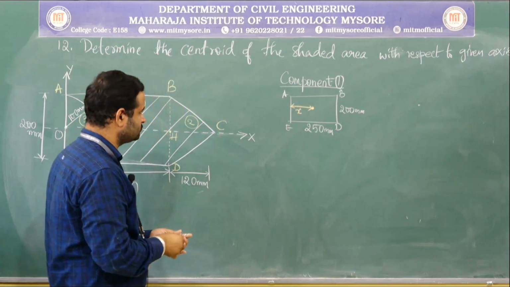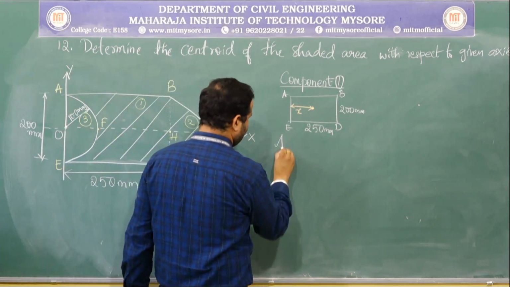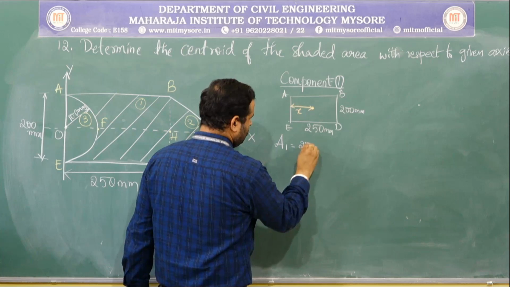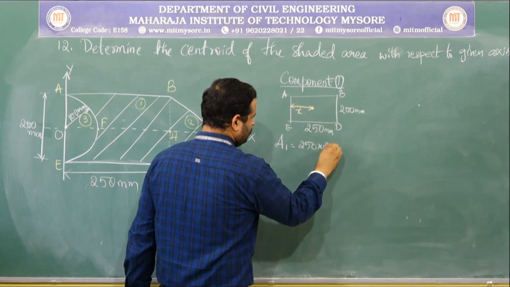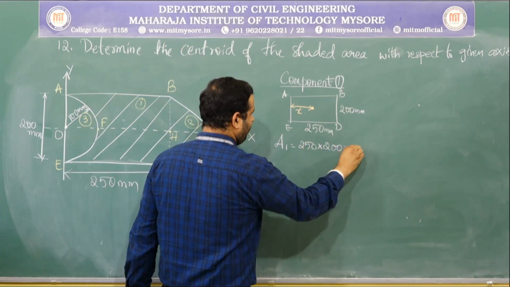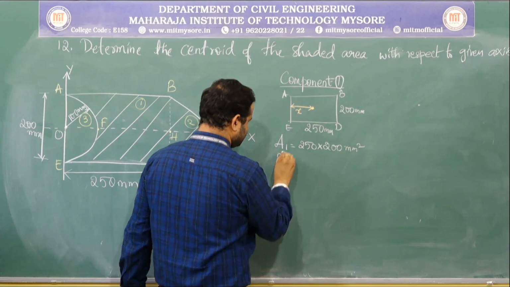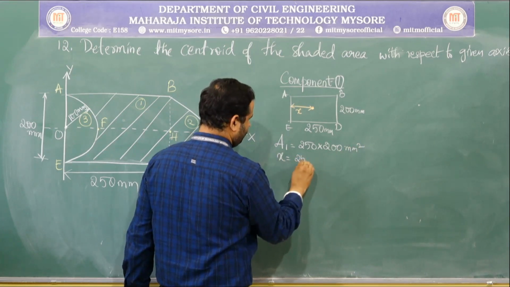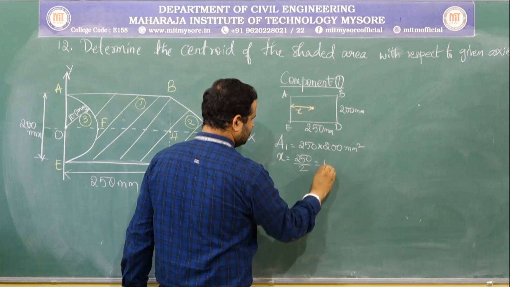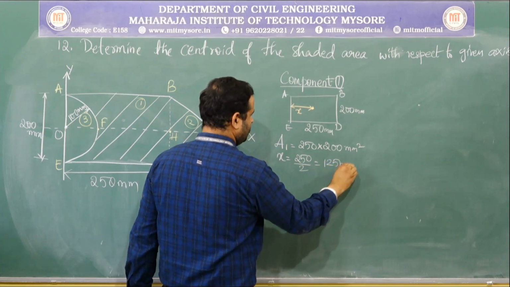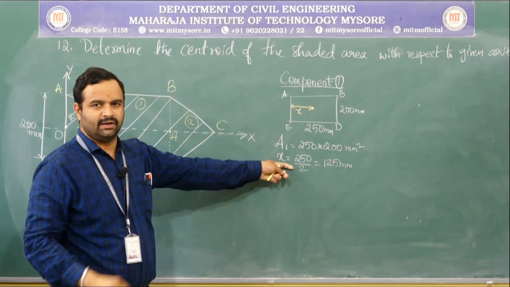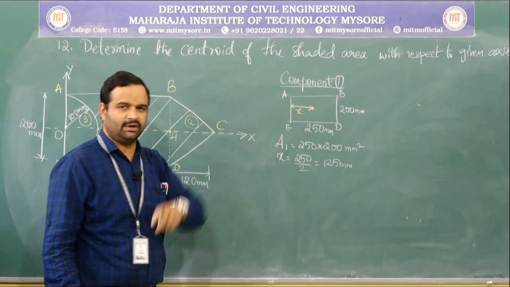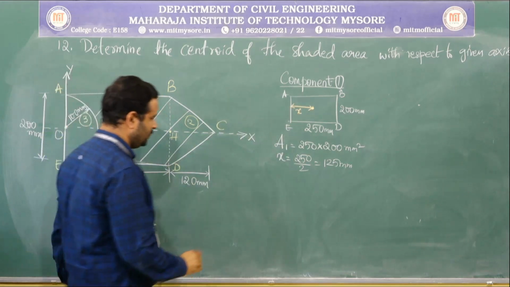So, A1 is equal to 250 into 200 mm square and its x component is equal to 250 by 2, which is equal to 125 mm. This is the x component of component number 1. Now, component 2.